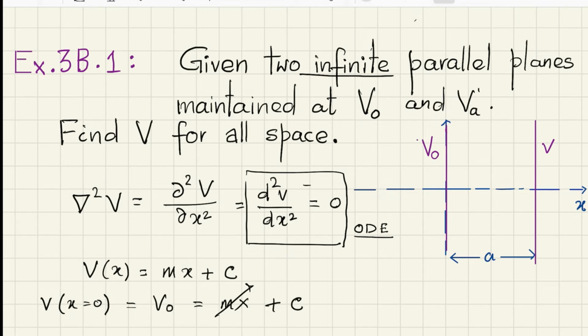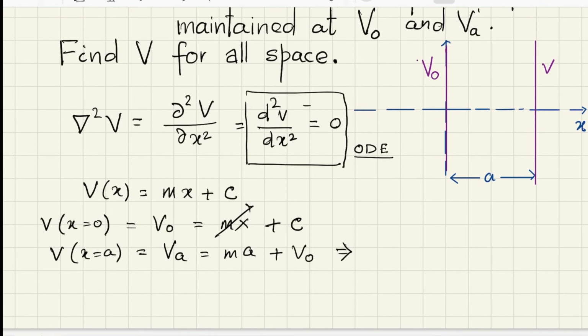And at x equal to a, given that the potential is V a, we have m a plus c, and we already know c is V naught. Which means simply m is equal to (V a minus V naught) by a.